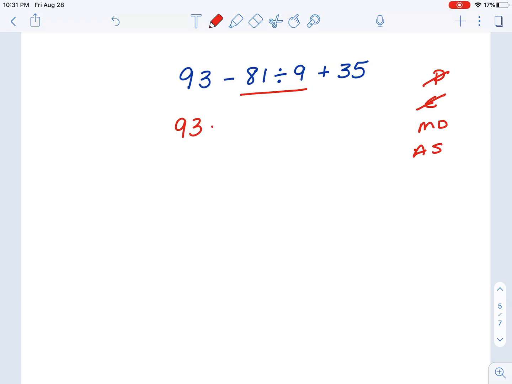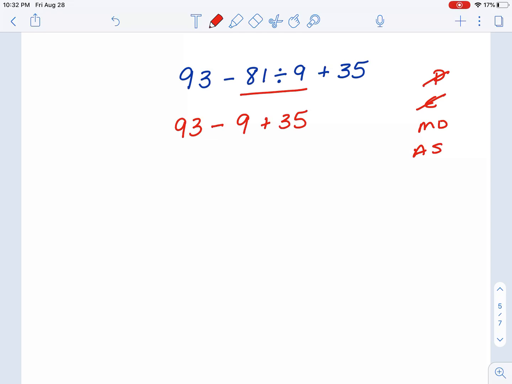You bring down that 93. You bring down that subtraction sign, and you do 81 divided by 9, which is 9. And then you bring down the plus 35. But see how underlining helps you to know what to bring down, because what's not underlined you don't bring down. What is underlined you just bring down the answer.